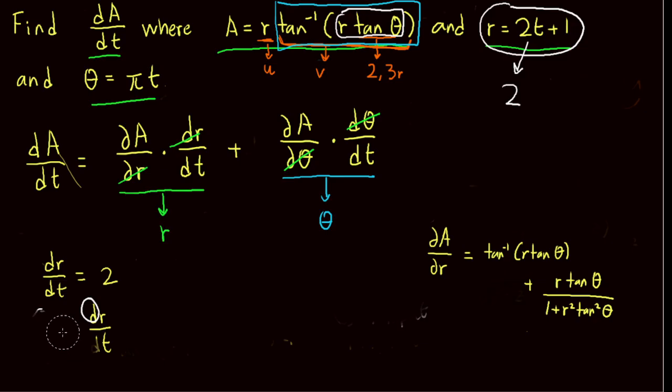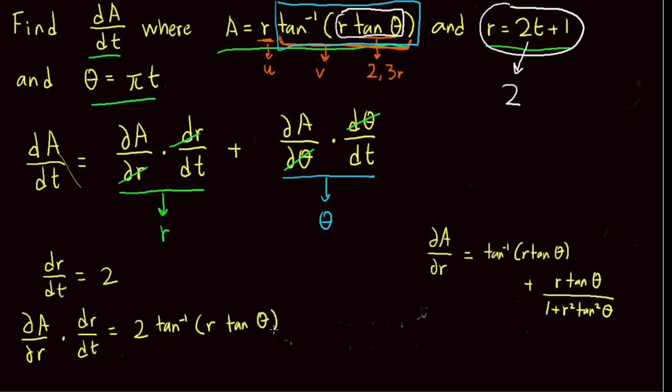Okay, so I'm going to erase this. Now with that being said, let me change the color to white. Del A over del r times dr over dt is simply 2 tan inverse of r tan theta plus r tan theta.